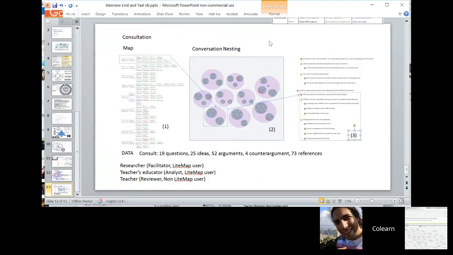So what we are using Lightmap for is first providing the community a tool for everybody to bring in the data. Or if they cannot use Lightmap because they found it complicated or they are not users, somebody like you would be mapping the discussion.